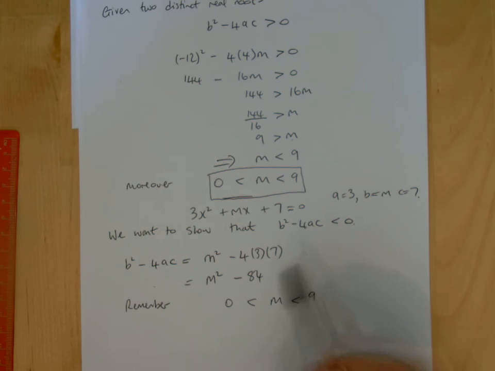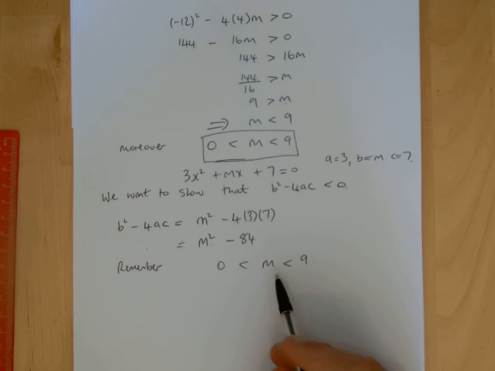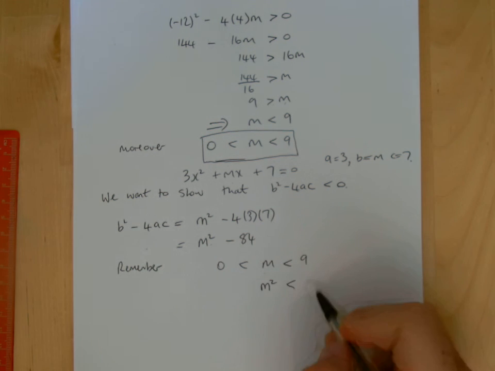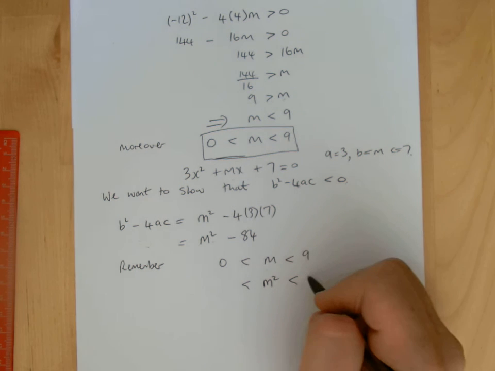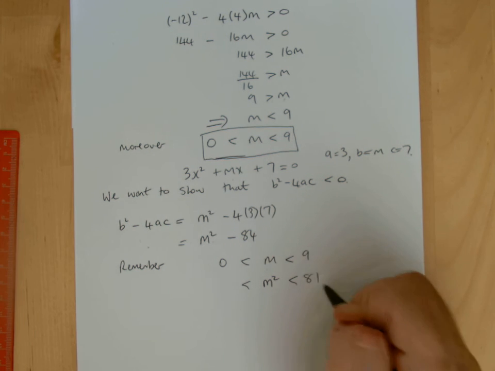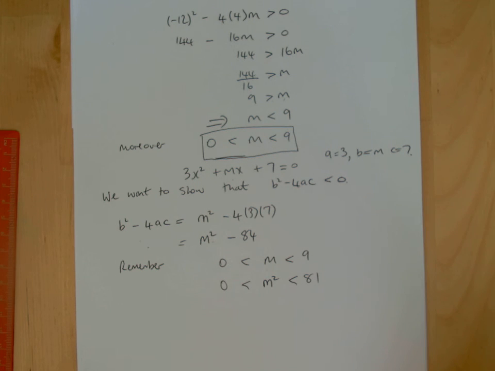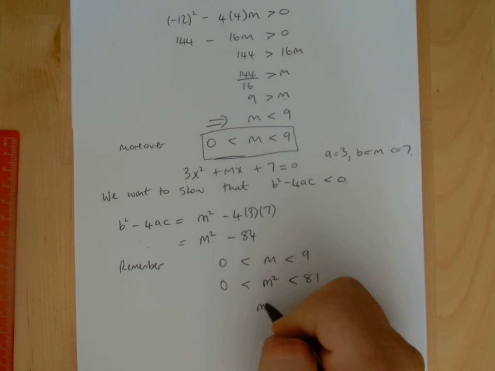Now what I can do is adjust this inequality to get the expression for b squared minus 4ac. For instance, I could square it to start with, m squared, and if I square it, I've got to square the inequality values as well. So that will become 9 squared, which will be 81. And of course 0, when I square that, it's just 0, isn't it? 0 squared, 0.